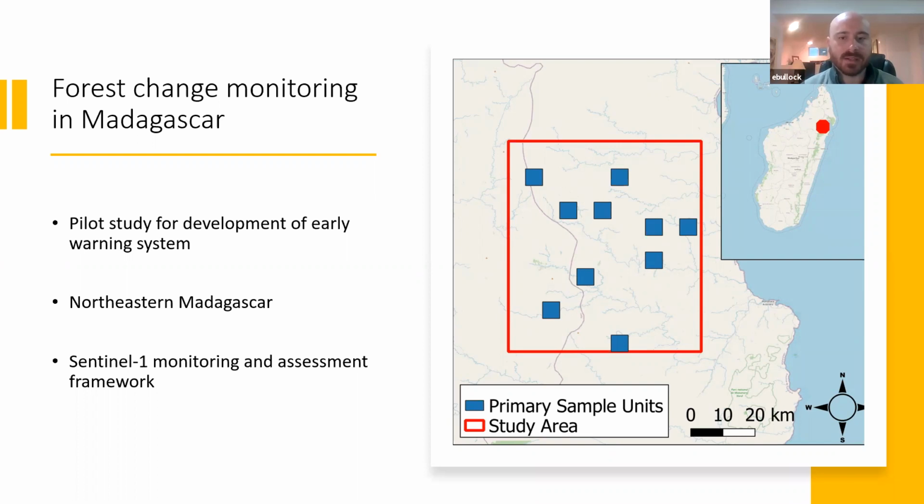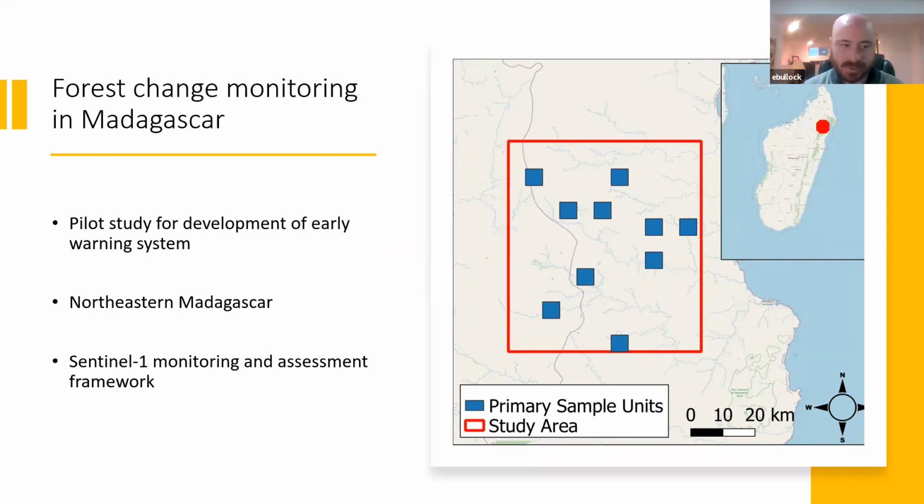And so we chose a pilot location in northeastern Madagascar. I quickly came to learn that, as I'm sure all of you are very well aware, this is one of the cloudiest places on Earth. It's mountainous, and from a remote sensing standpoint, it is a very challenging place to work.